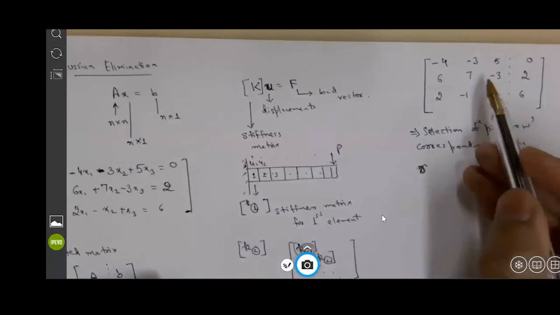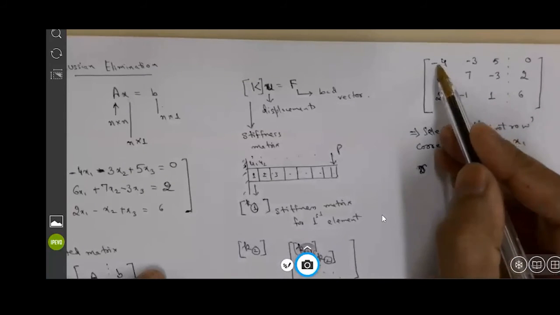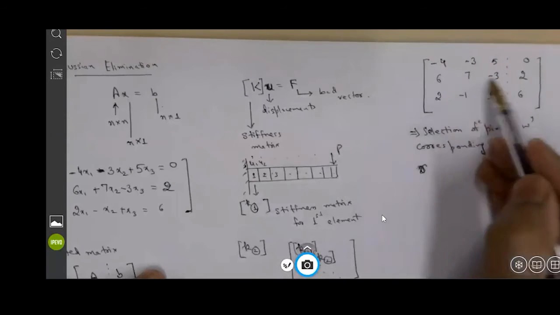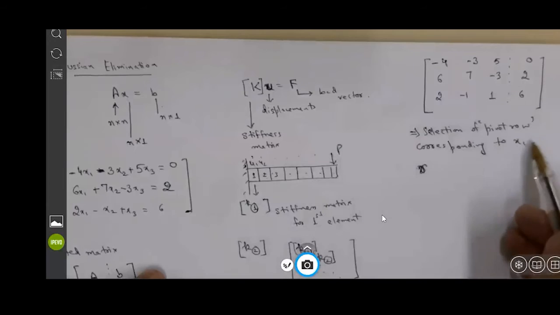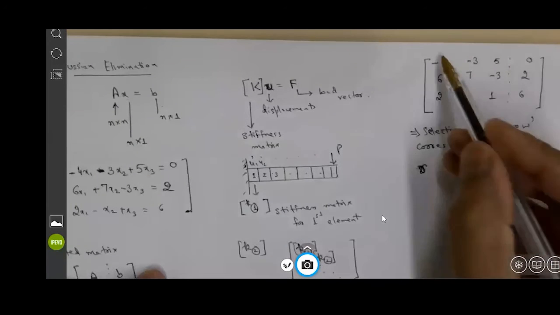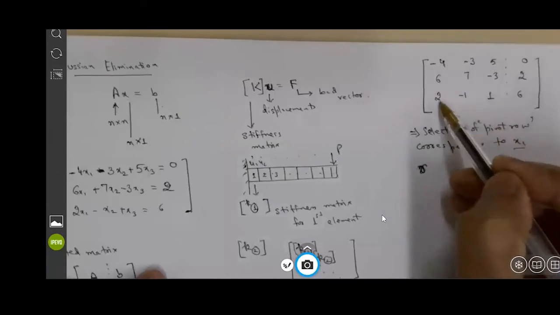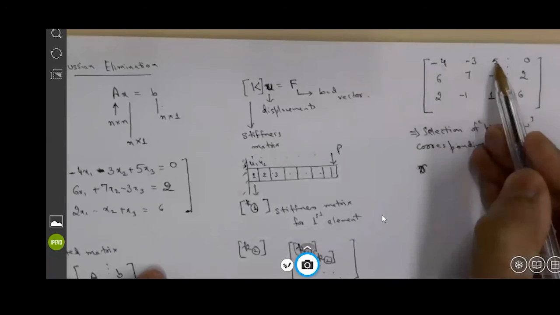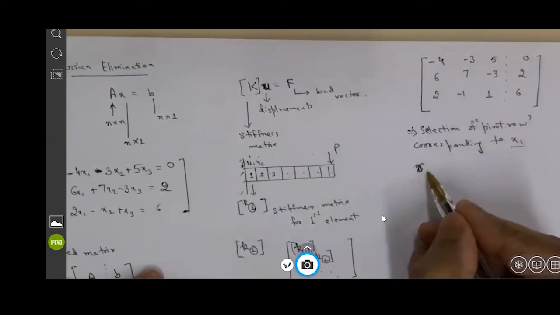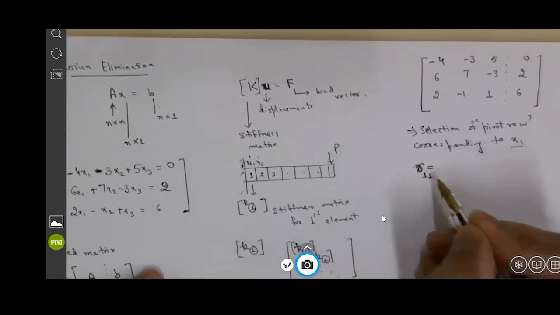What it says is that I'm trying to find which row I'm going to call the pivot row, corresponding to x1. The entries corresponding to x1 are -4, 6, and 2. For each row, I find the maximum and calculate the ratio, R11 for the first row corresponding to x1.